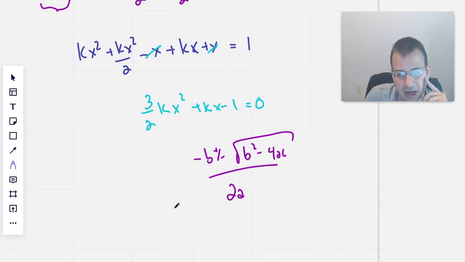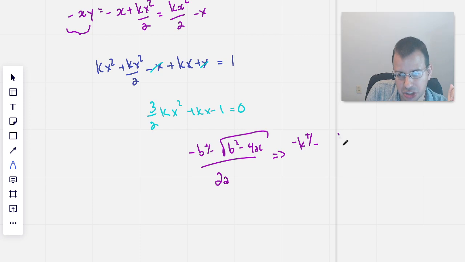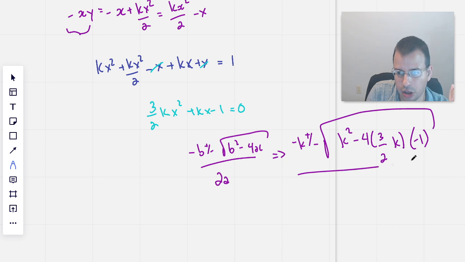Plugging in our coefficients, negative b, in this case, is negative k, plus or minus the square root of b squared, which is k squared, minus 4 times a, which is 3/2 times k, times c, which is negative 1, all over 2 times a, which is 3/2 k.